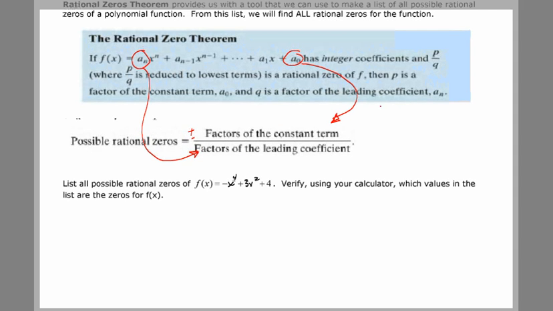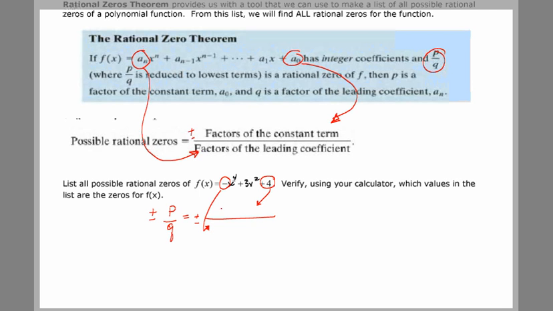So let's list out all of our factors, and it comes in the format of p divided by q. So let's list all the possible p divided by q's. The p's come from the constant term here, 4. All the factors of 4 will go on the top, and all the factors of the initial term, actually it's a negative 1, but we'll just take it as a 1, all those factors will go on the bottom.